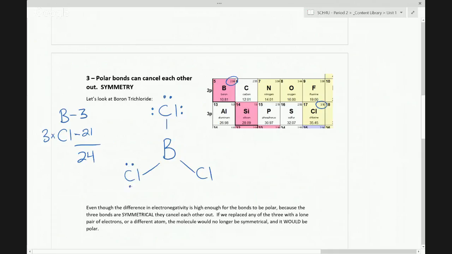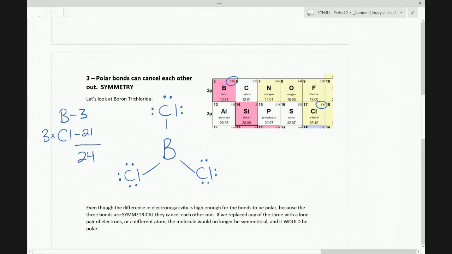And we fill in the surrounding valences. And then we just count electrons. We should have 24. I have 2, 4, 6, 8, 10, 12, 14, 16, 18, 20, 22, 24, which is enough. So I don't need to add any electrons.